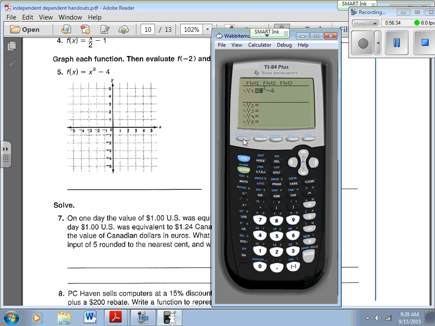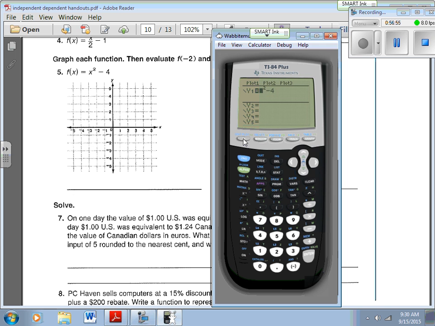Okay, so here's the thing: the calculator is only as good as the person that's using it. So if you're not typing it in the correct way, that's why you're going to have errors. So sketch the graph of that for me real quick.